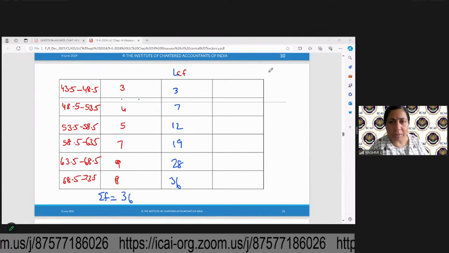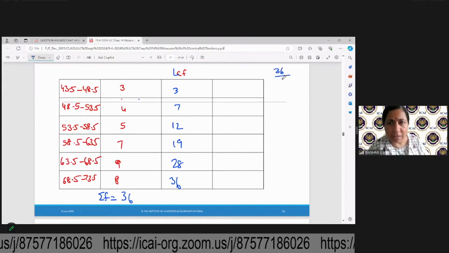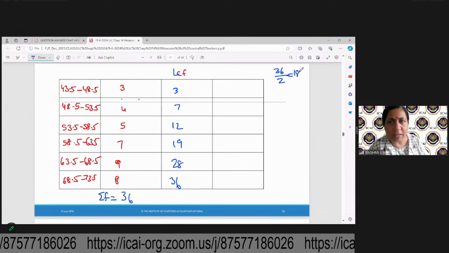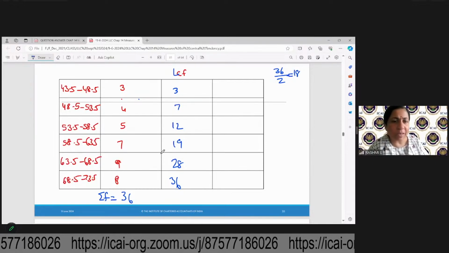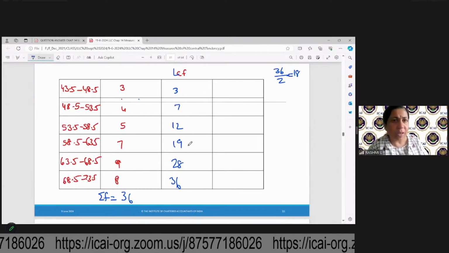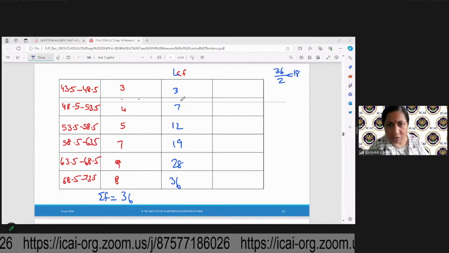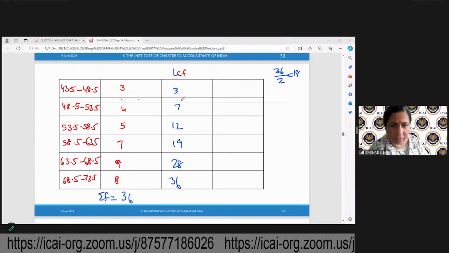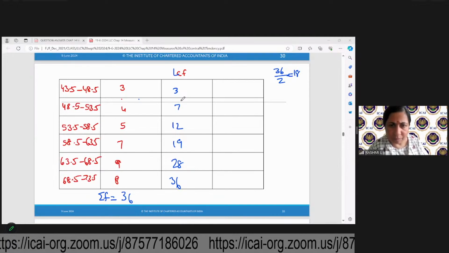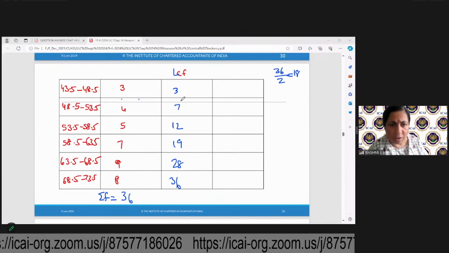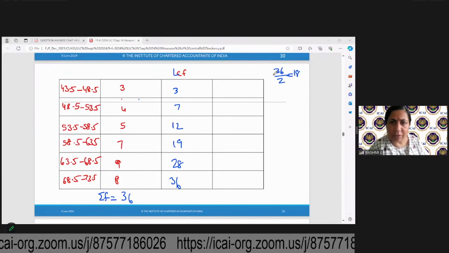So 36 divided by 2 is how much? 18. Now where will my 18 lie? Ishika is saying 58.5.